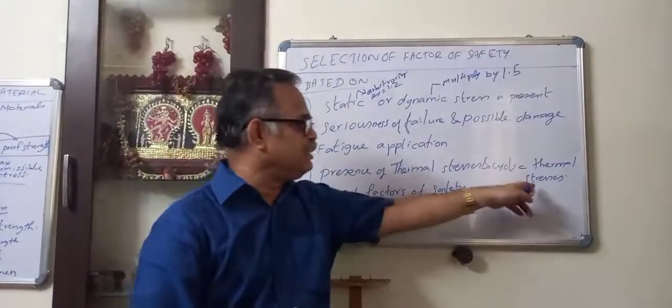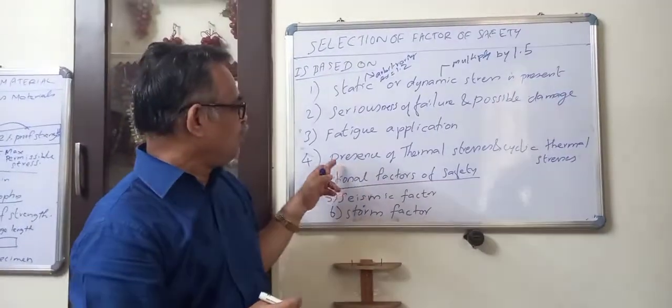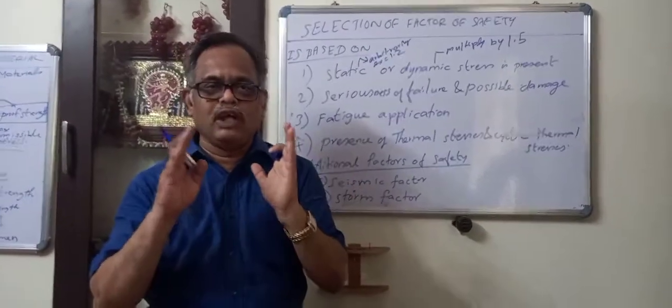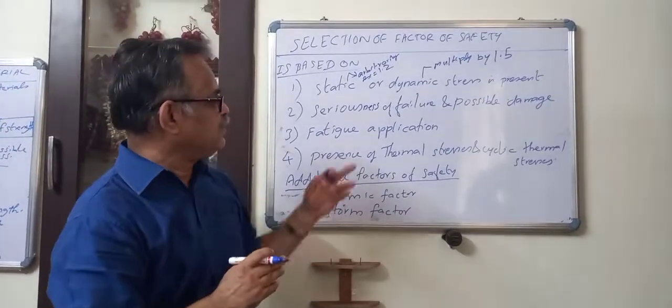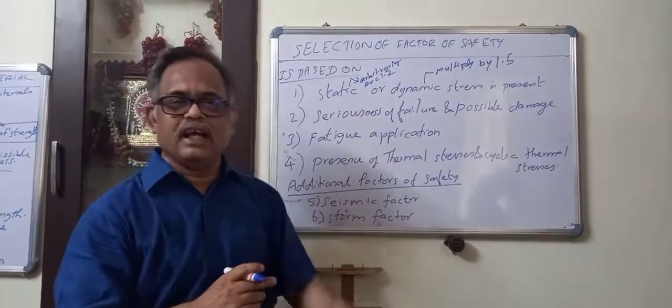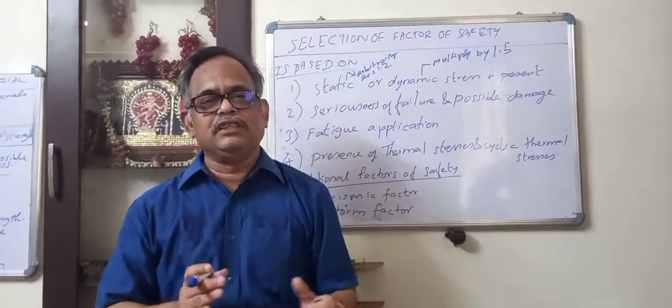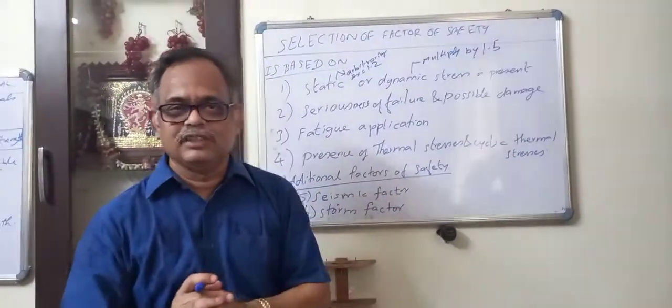So for such things, we have to select something like dynamic stress condition. If only thermal stress is going to be present continuously, we can select something like for static condition. But many times thermal stresses are always associated with cyclic thermal stresses.